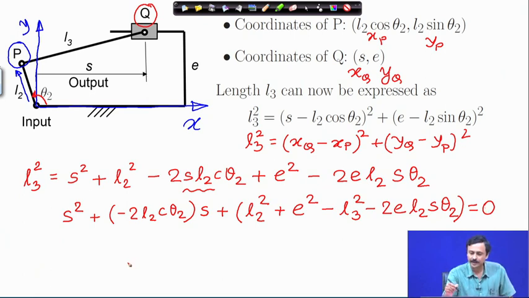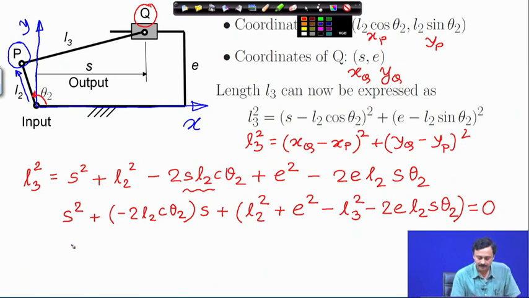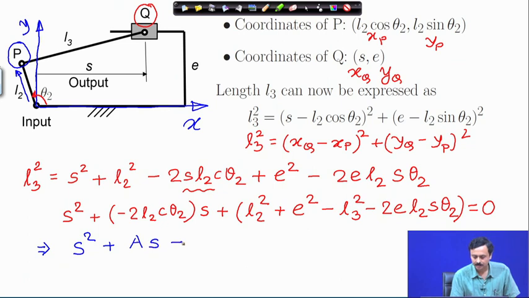So, therefore, I can write this as S square plus A times S plus B equal to 0, where you know that A is this term and B is this bracketed term.